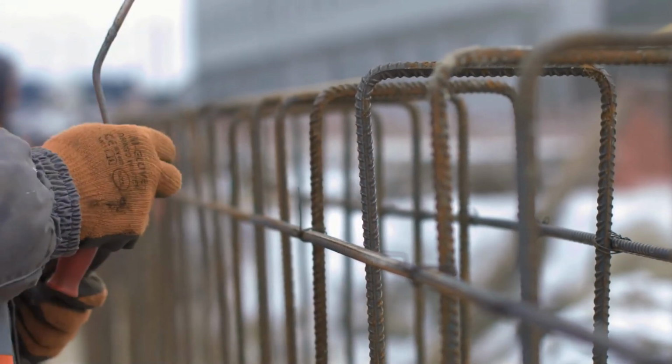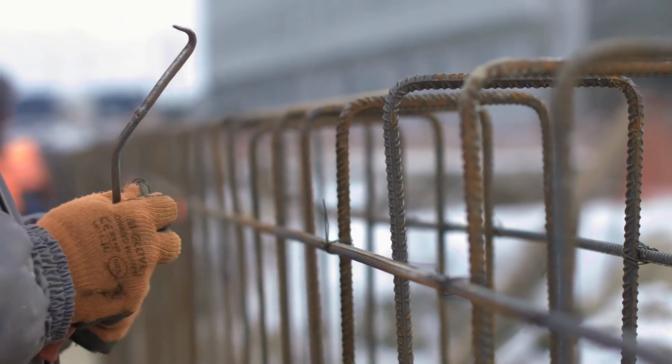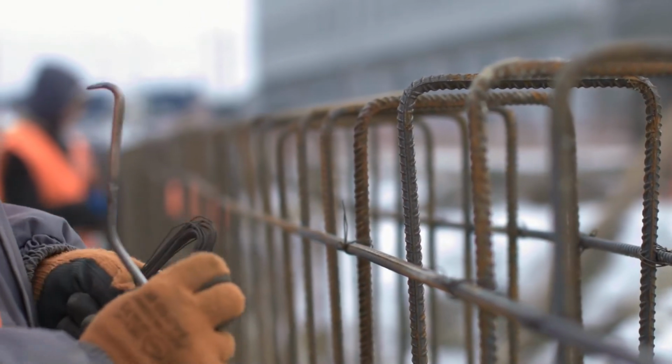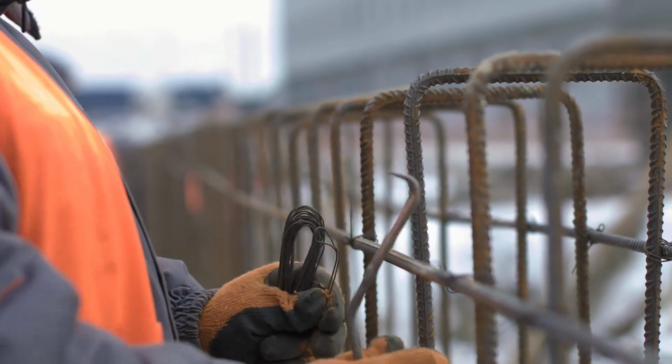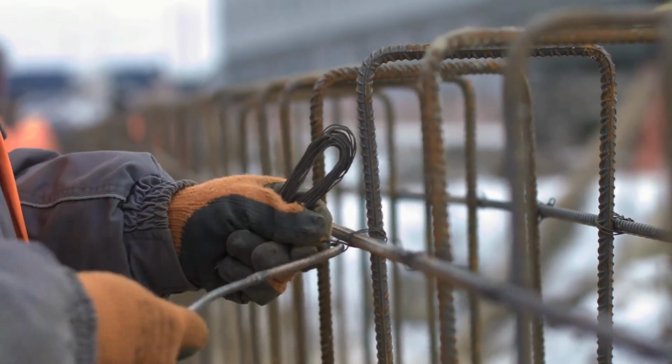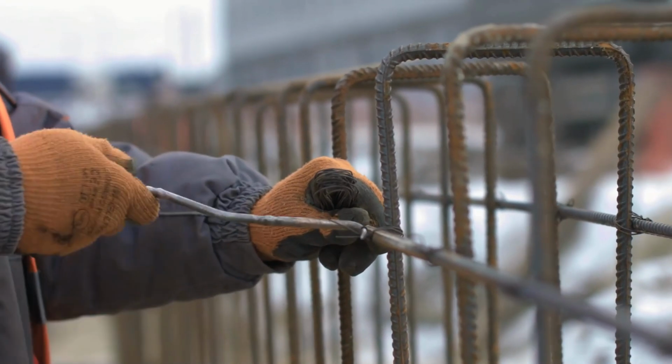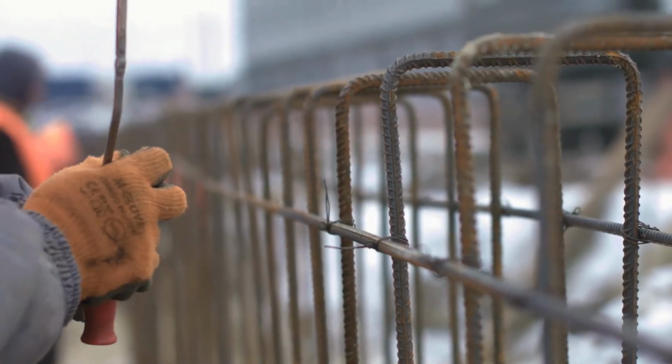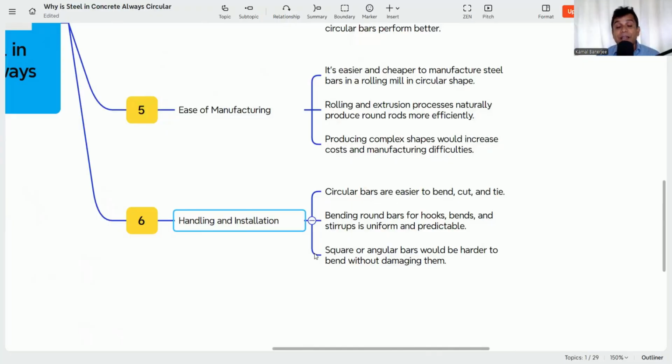Otherwise, with a square or rectangular bar, it can break whenever we are bending. Square or angular bars would be harder to bend without damaging them, and without bending it is not possible to do the RCC work. We need to bend as per our requirement, and for that the round bar has the benefit over any others.